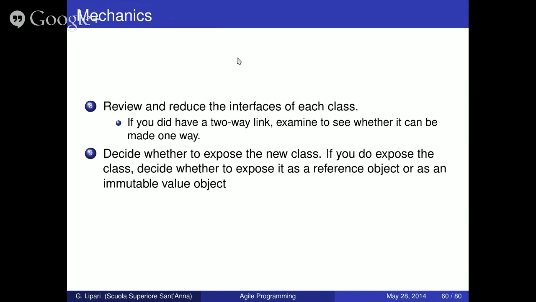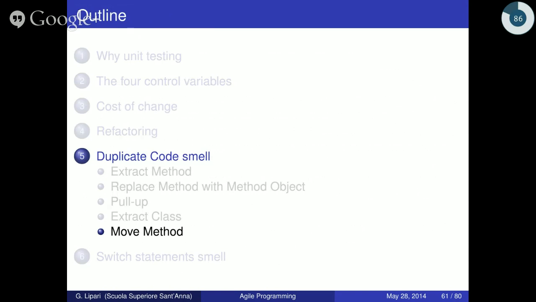Finally, you review and reduce the interfaces of each class to try to simplify a little bit the interface. If you did have a two-way link, examine to see whether it can be made one way, because it's simpler, of course. And finally, decide whether it is the case to expose the new class to the customer. If you do expose the class, decide whether to expose it as a reference object or as a value object. So in this course. Okay?